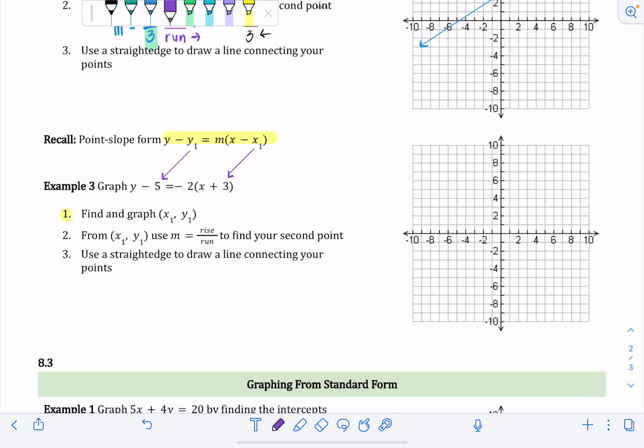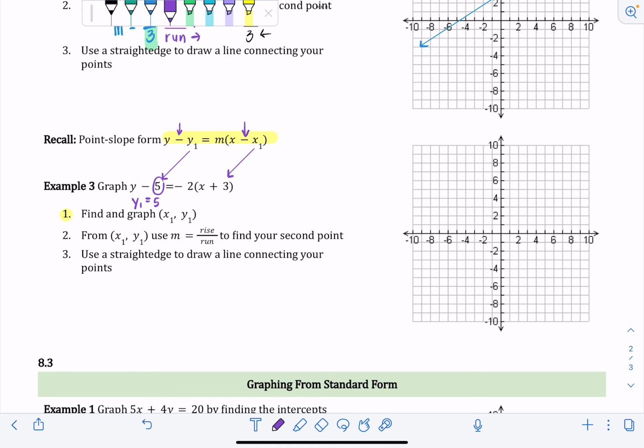It's the part that's being subtracted from x in the formula, but we have to be careful with those negatives. Since this negative is already here, that means that y1 is actually just positive 5. So we can say y1 equals 5. But notice there's also a negative right here.